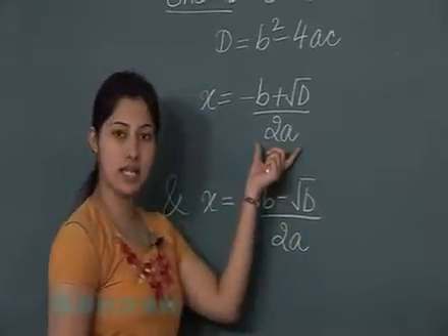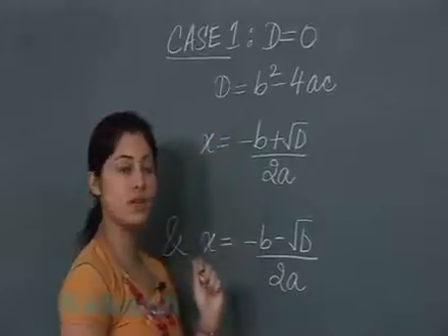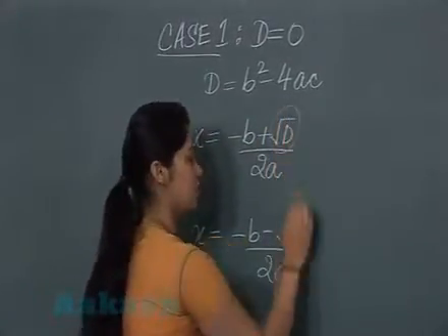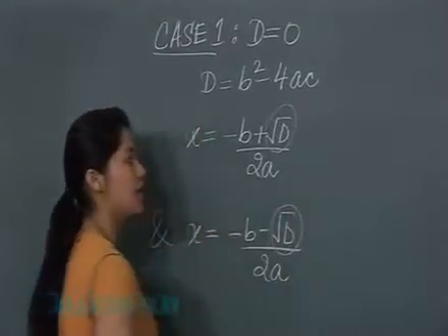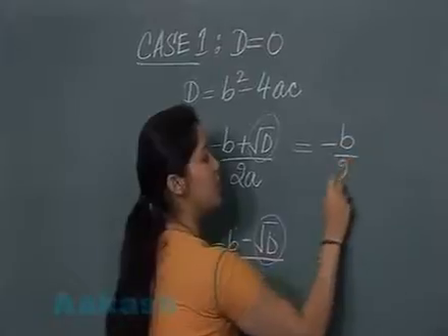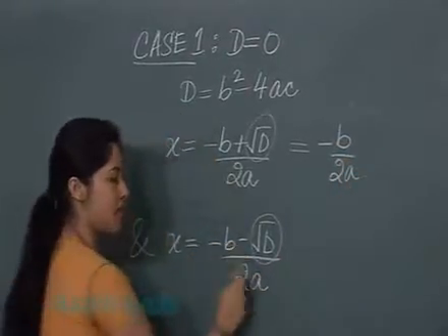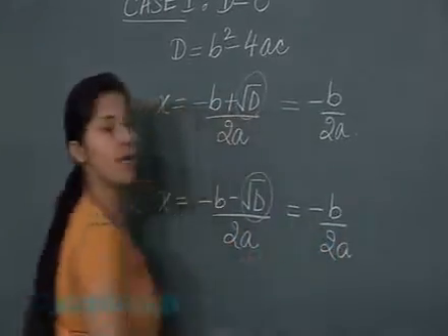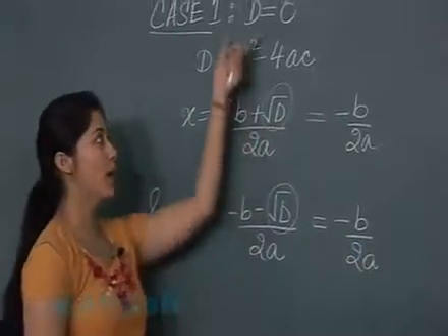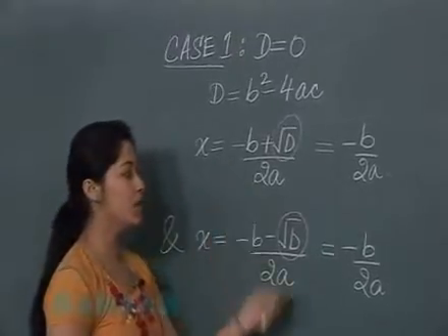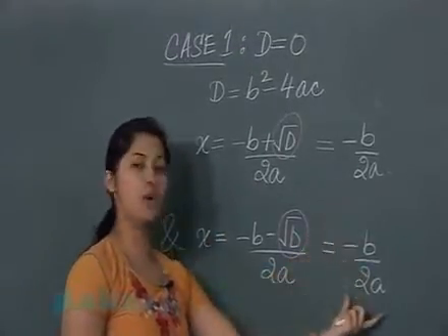Now here we are taking the case when D is 0. That means this is equal to 0. That means we will get minus b upon 2a, and the second root will again be minus b by 2a. That means whenever the discriminant is 0, both the roots become minus b upon 2a.